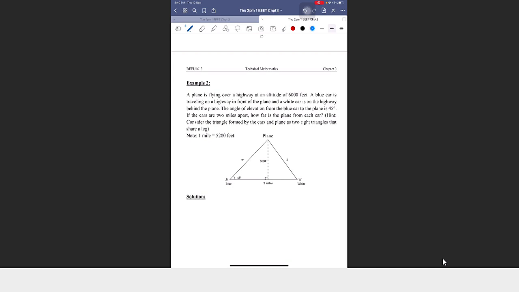Beside your assignment, you also need to do questions in the book for tutorial next week, because next week we can discuss our chapter 3 questions.